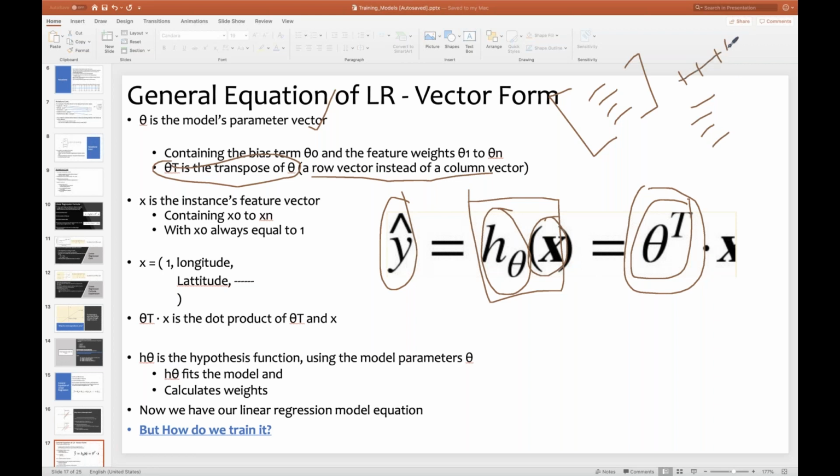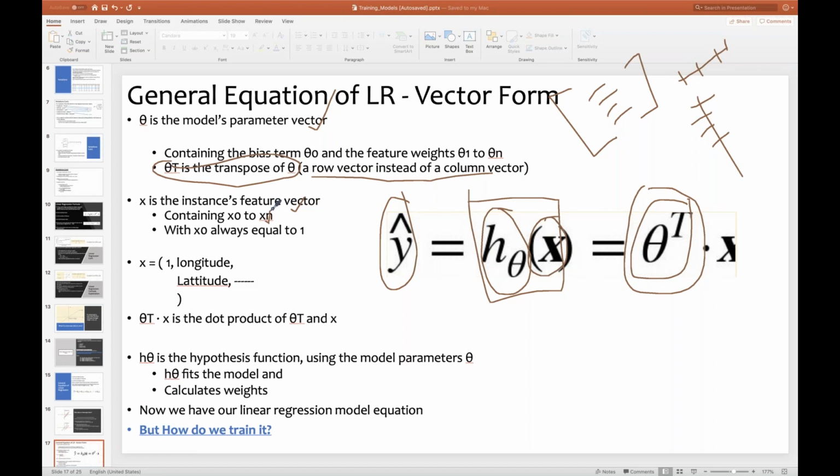Here I have 1 row and 4 columns. Now I have 4 rows and 1 column. That is what it is. Now here x is the instance feature vector. Guys, just go back. Earlier, what did I say? x of i is the value of the x feature. Now, here x is the instance feature vector, containing x of 0 to x of n.